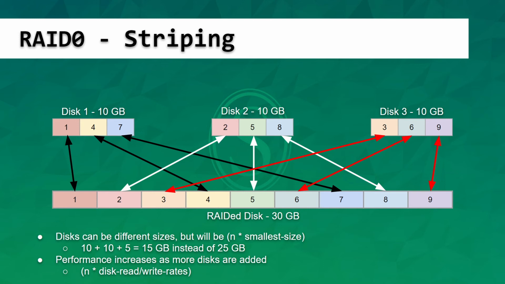So in this example right here, we have three 10 gigabyte disks, and we can see that every third bit of data on the raided disk is spaced out by thirds, right?